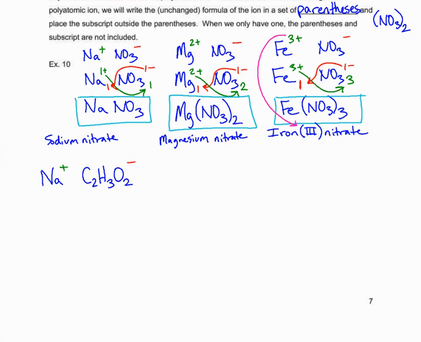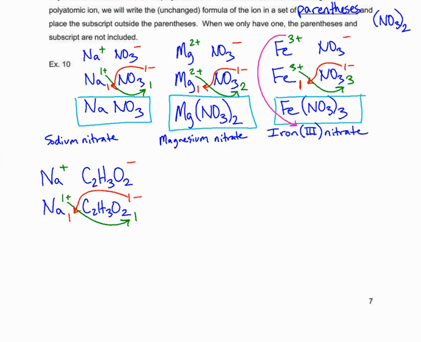So this is going to work in all of the same ways. So let me write these two things. This is actually a -1, this is actually a +1. And when we switch the charges, it tells me that I have one of these, and it tells me that I have 1 sodium.